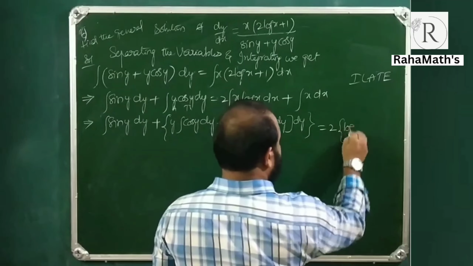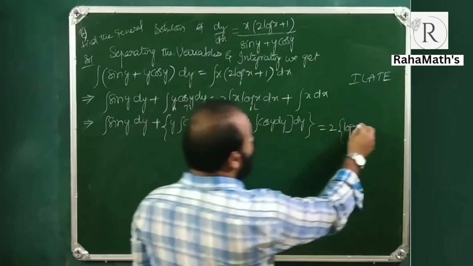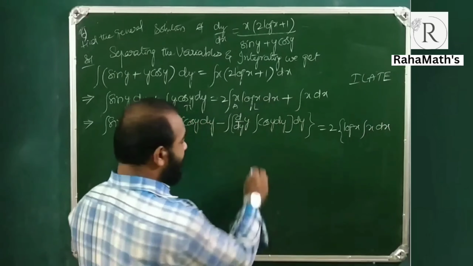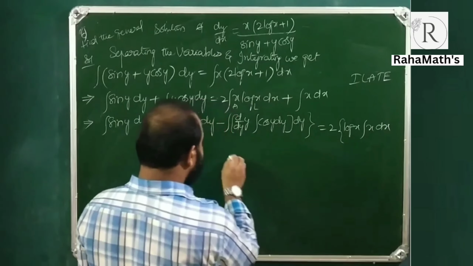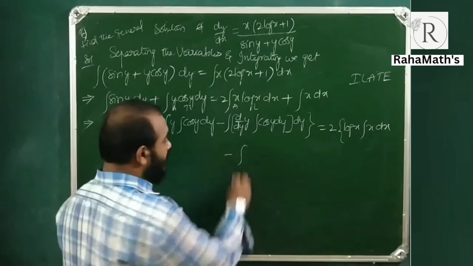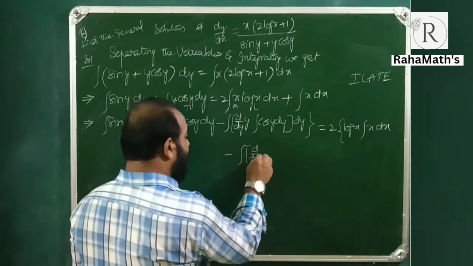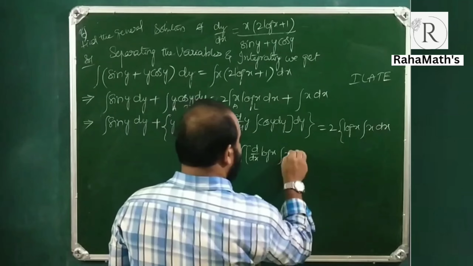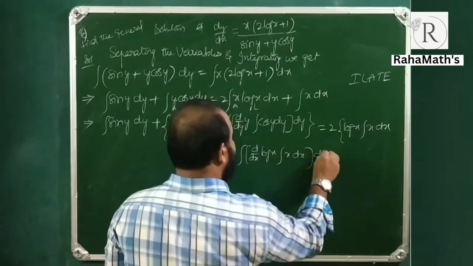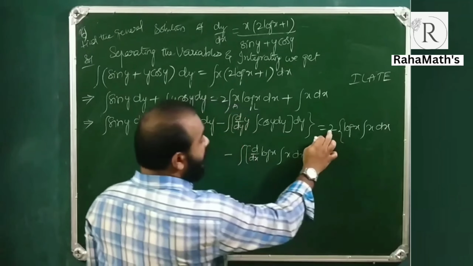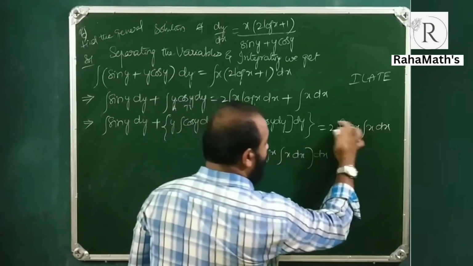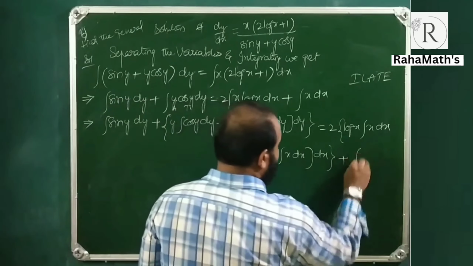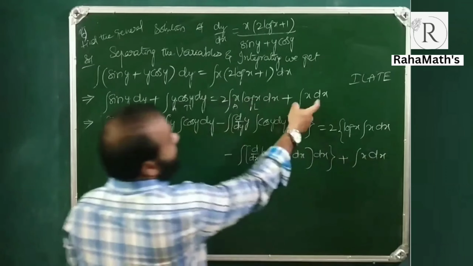First function f of x into integral of g of x dx minus integral of differential quotient of first function into integral of second function dx, whole dx. So this 2 is multiplied with this whole thing, plus integral x dx.